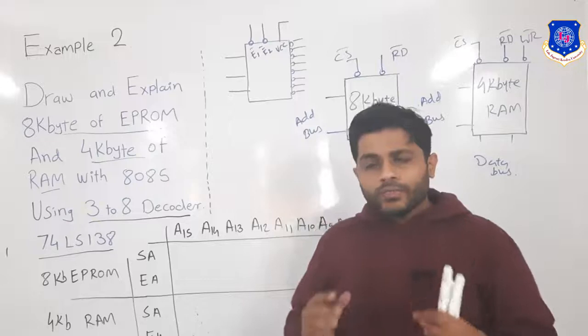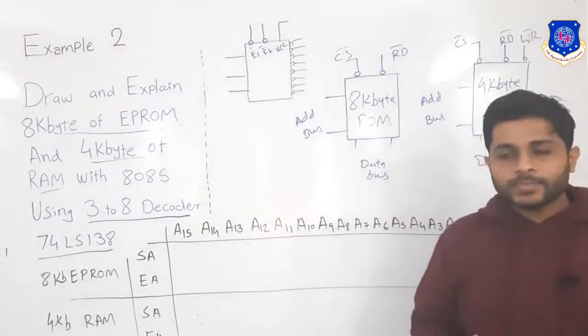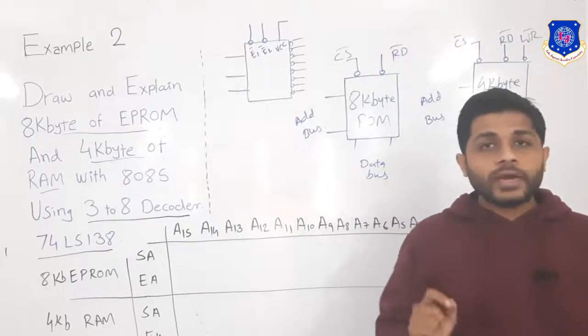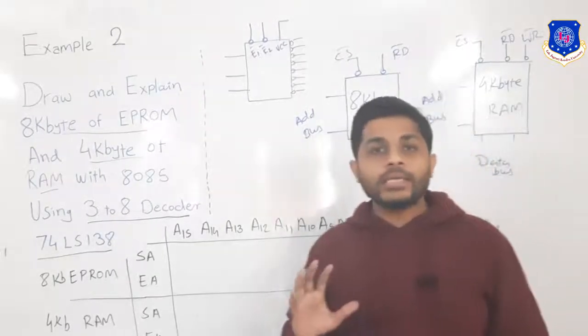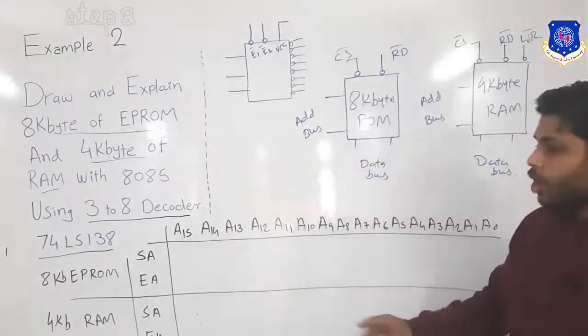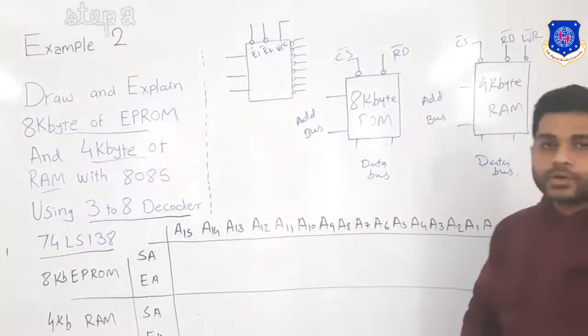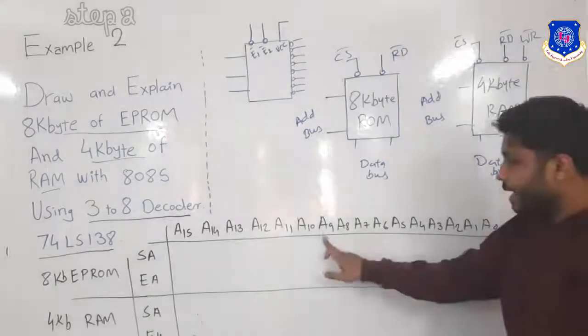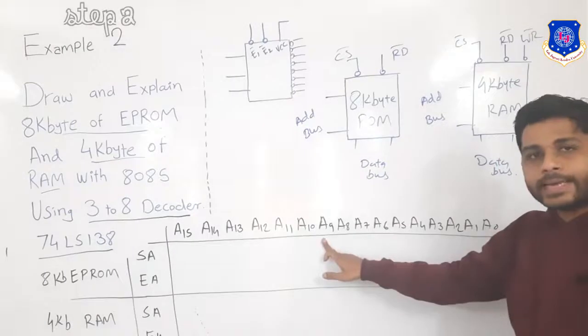To find the starting address and ending address for each chip, the first thing you need to find is how many address lines are required for that particular chip. So let's find how many address lines are required for 8 KB of EEPROM. Students, if you provide A0 to A9, it means a total of 10 address lines.